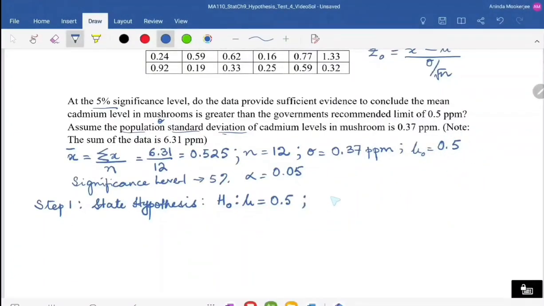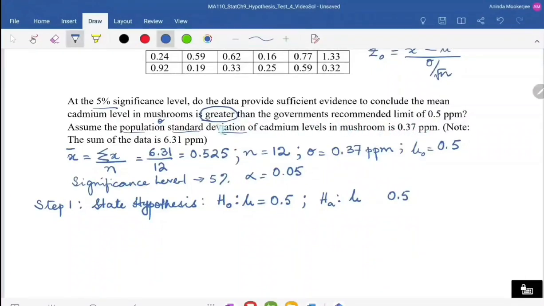The alternate hypothesis is also going to have a mu, and it's also going to have the 0.5 on the other side, but the symbol that it's going to have in between mu and 0.5 has to be determined from the wording here. So I'm going to read, at the 5% significance level, do the data provide sufficient evidence to conclude the mean cadmium level in mushrooms is greater than the government's recommended limit?